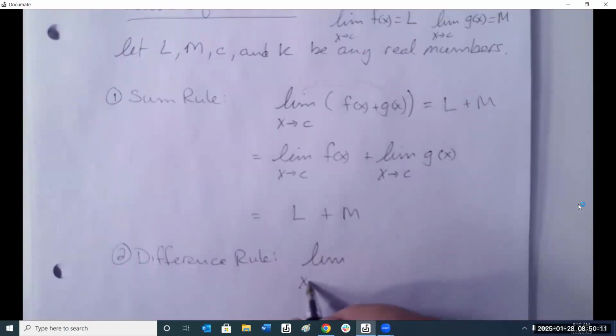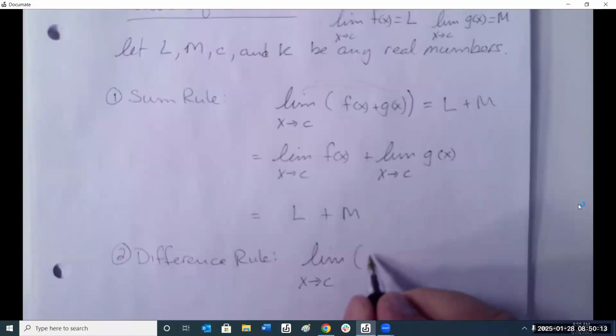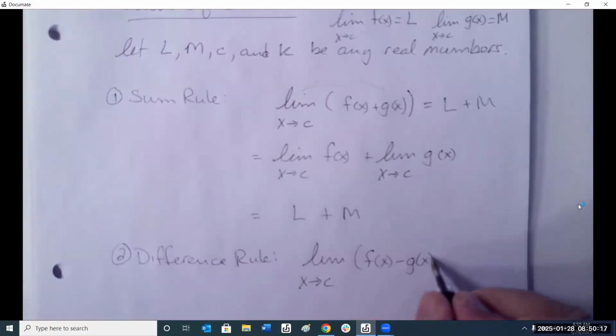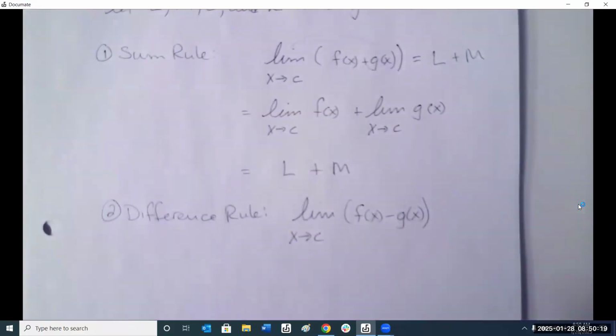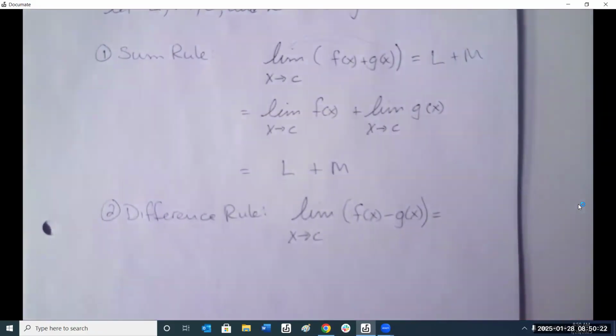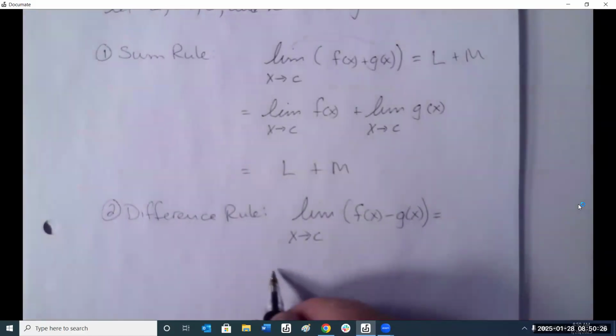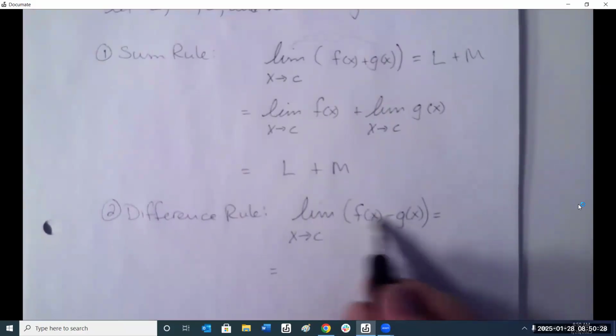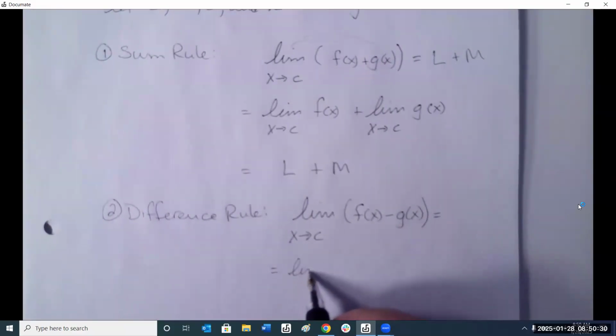The limit as x approaches c of f of x minus g of x. What do you think that equals? Because it's inside there, we can split them up.